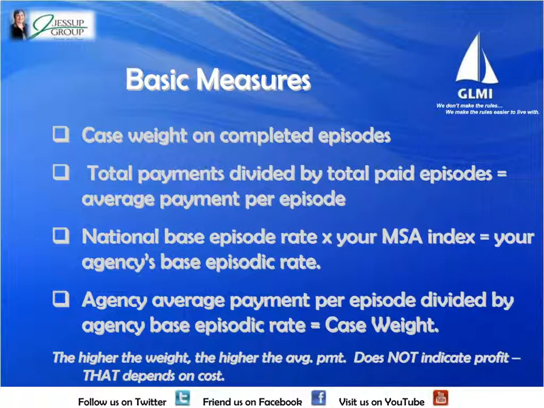Then you go find out what the national base episodic rate is for the year you're working with, and multiply it by your most common MSA index. Most of you just have one or two that most of your patients are in. That gives you your base episodic rate. So if you take your average payment divided by your base rate, that'll give you your case mix weight. Clear as mud, right?